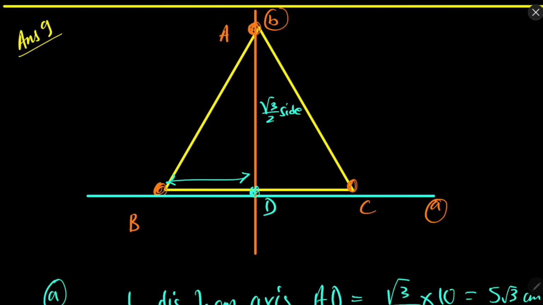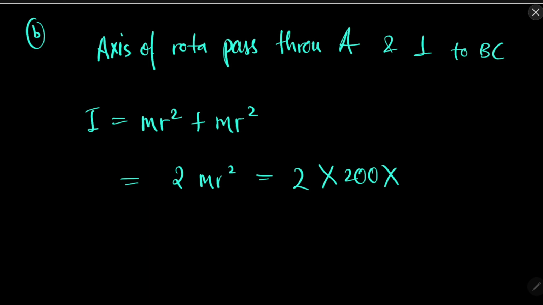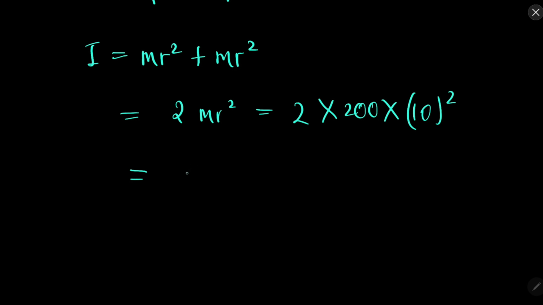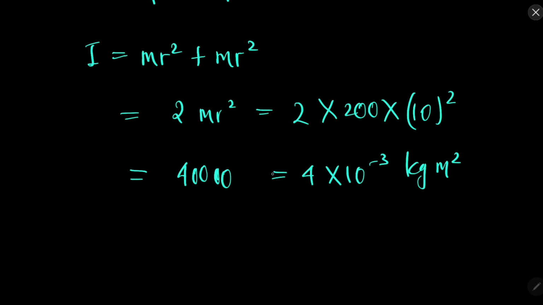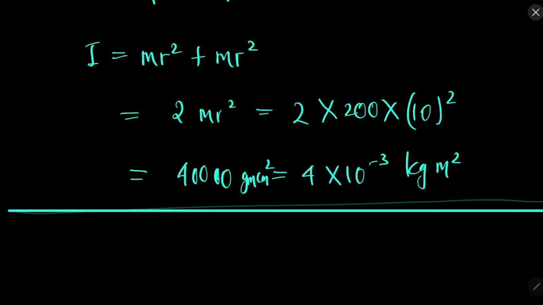This is the perpendicular distance. So how much is this? Distance is 10, so 10 square. So it will give you 400 and 2 more zeros. So it will be 4 into 10 to the power minus 3 kilogram meter square. This was in gram centimeter square. So this will be your answer.